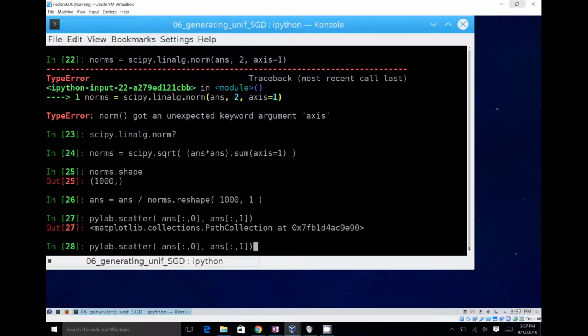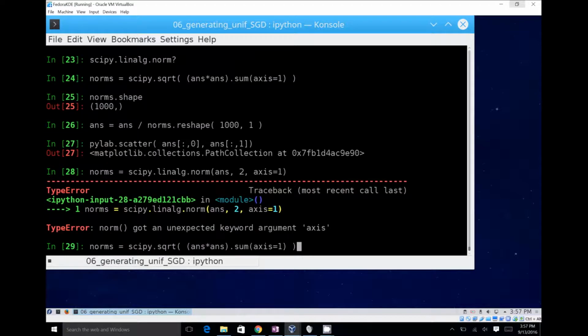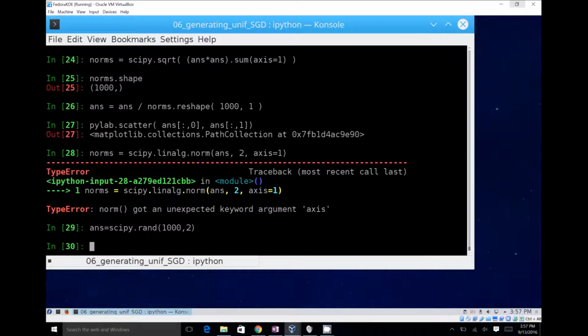So let's do the same thing, but with points that we generated from the square instead of from the normal. I want to change answer to be those points that are uniformly random on a square, and this square was between 0 and 1, but I want to move it so that it's centered at 0.